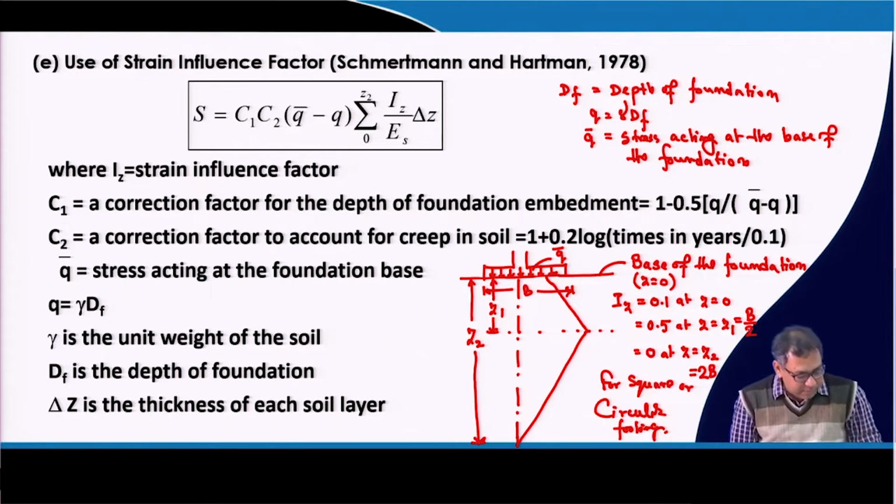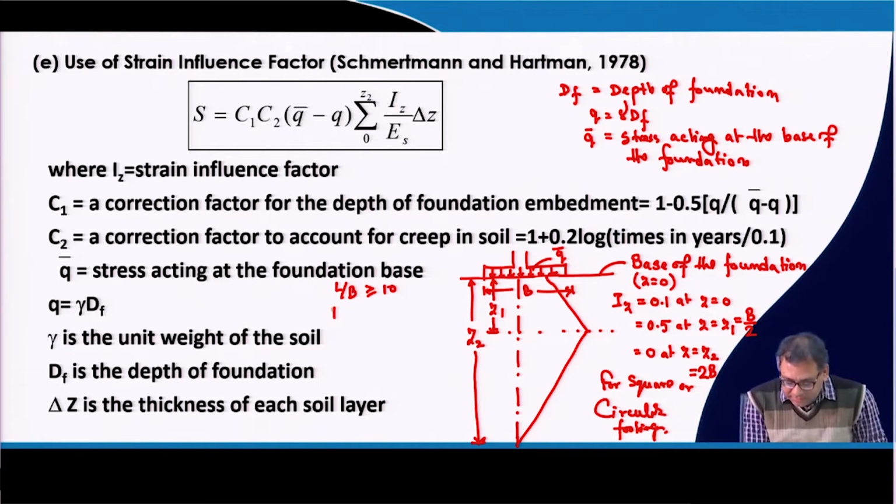Now, if your foundation L by B is greater than or equal to 10, that means it is a strip footing. For strip footing, Iz will start with 0.2 at z equal to 0, then it will be maximum at z equal to z1, and that is equal to b.